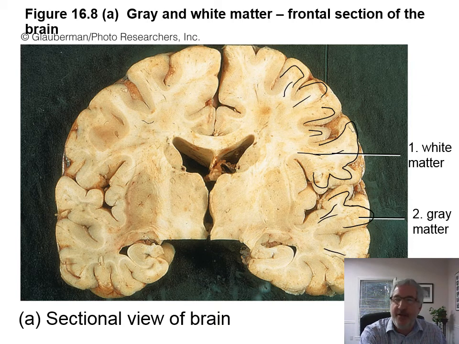So we have the outside, we have these neuron cell bodies. Lots and lots of neuron cell bodies all grouped together. Dendrites and axons are all communicating back and forth, and we have lots of them. And then we have their axons coming out.